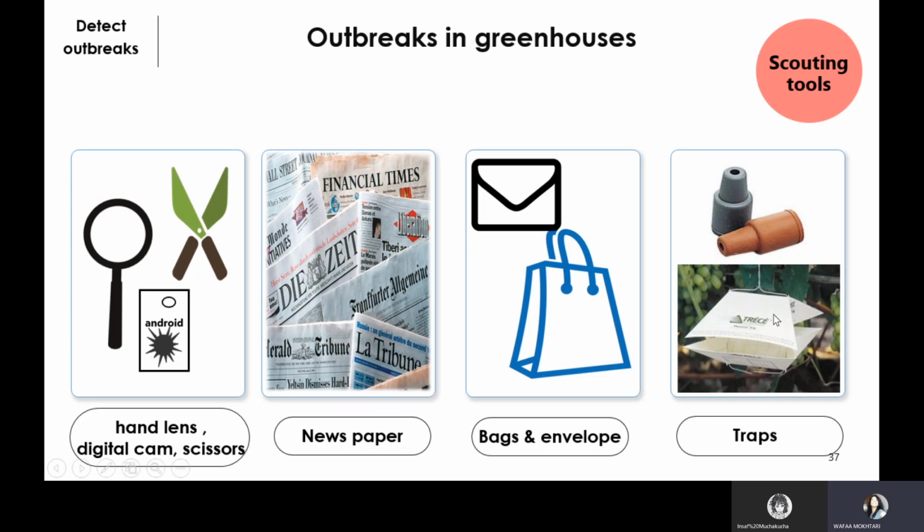Traps. Traps are the most important scouting tools you can have, because you can count the population of your pests, especially pests, and this is really important to know when to act.